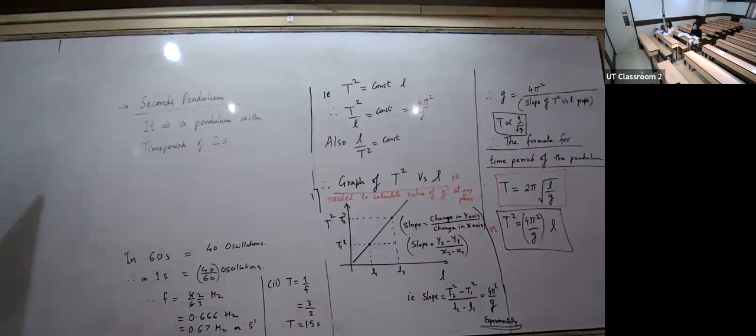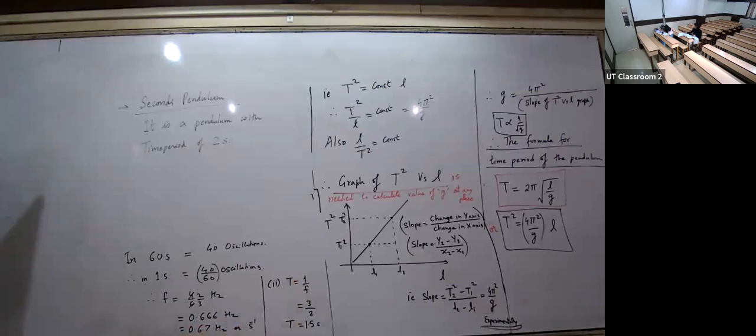Next, time period of a simple pendulum is 2 seconds. What is its frequency? So time period is given, to find the frequency, F will be 1 by T. So 1 by 2, which is 0.5 hertz.